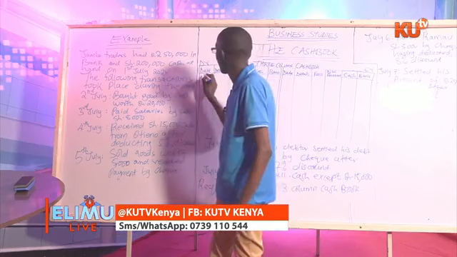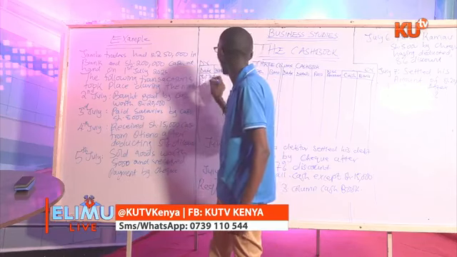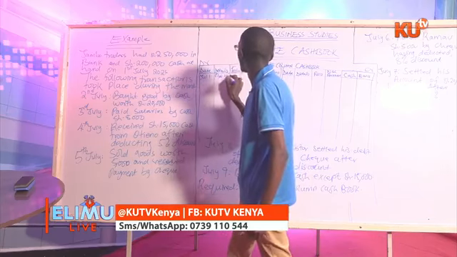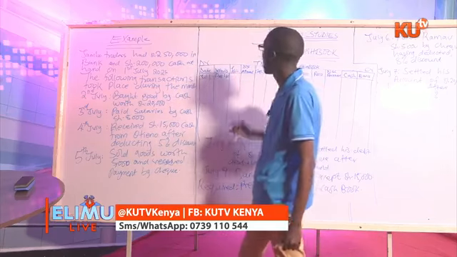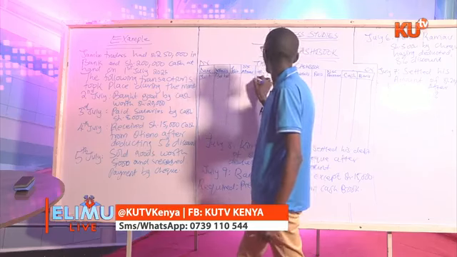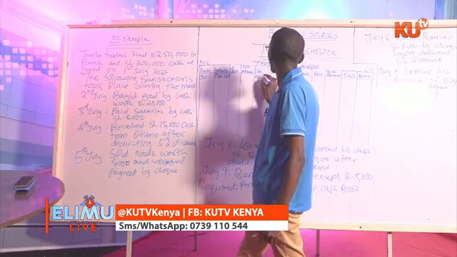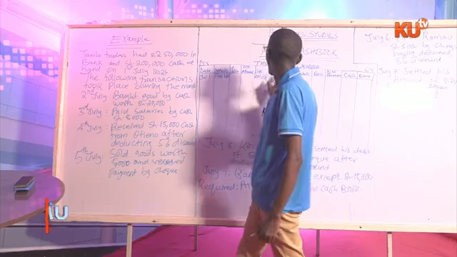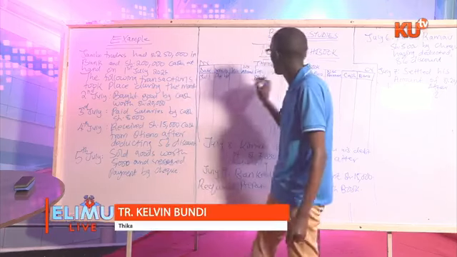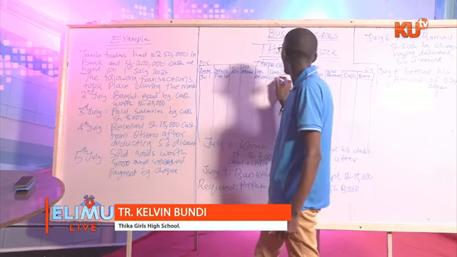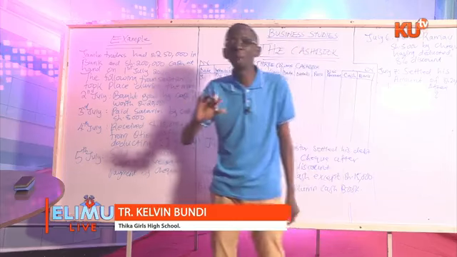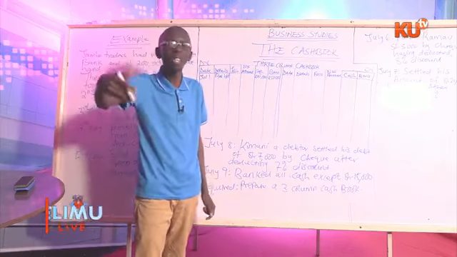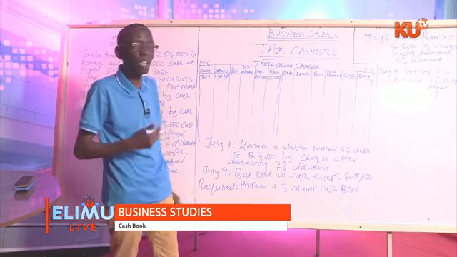So we write July 1, details balance brought down. Amount in cash is 200,000 and amount in bank is 250,000.